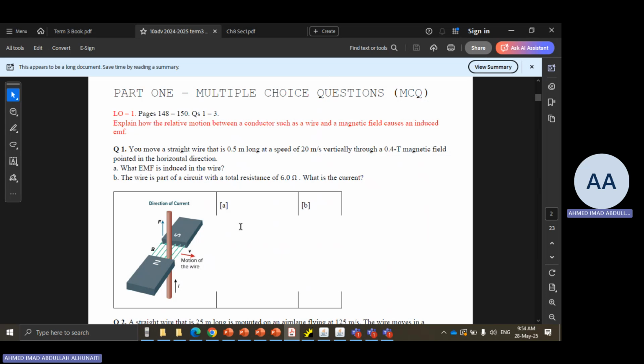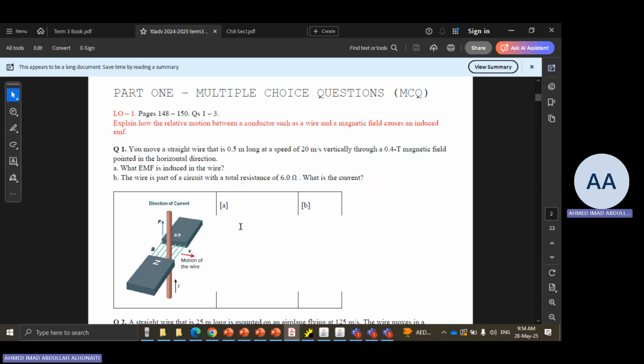Number 1, of course, you need a conductor for this EMF to act. You need this conductor to be moving relative to a magnetic field. So you need, number 1, a conductor, which in this case is a wire. Number 2, relative motion between the wire and the magnet. And number 3, the magnetic field itself. So if you have these 3 ingredients, you will have an EMF.